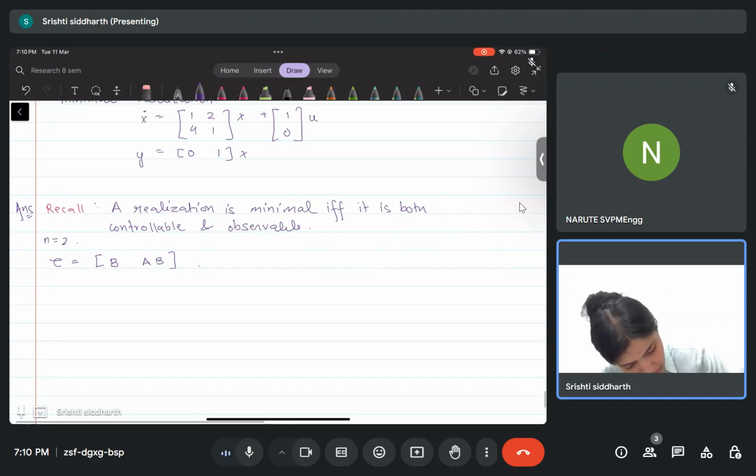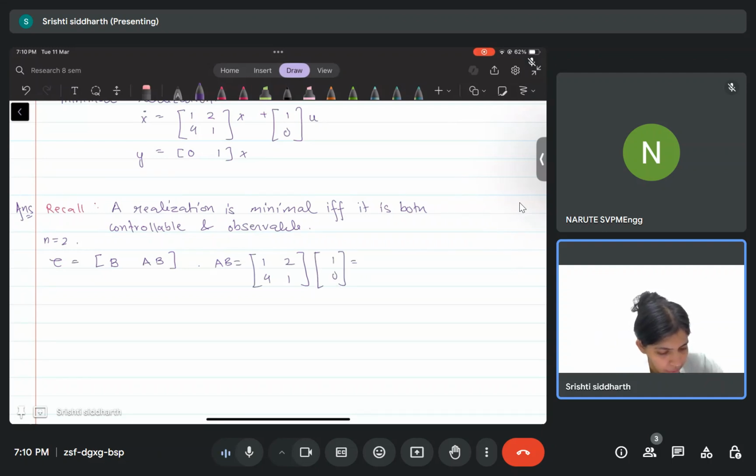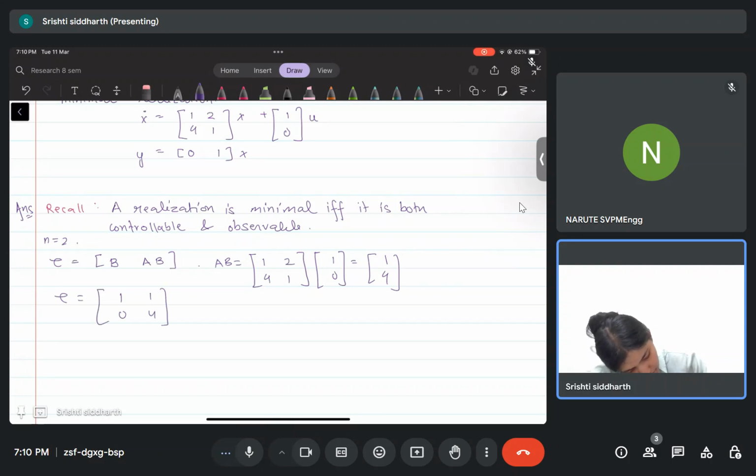So AB is [1 2; 4 1] times [1; 0], which means we have [1; 4]. Then easily check that the determinant is non-zero. Therefore, the pair (A, B) is controllable.